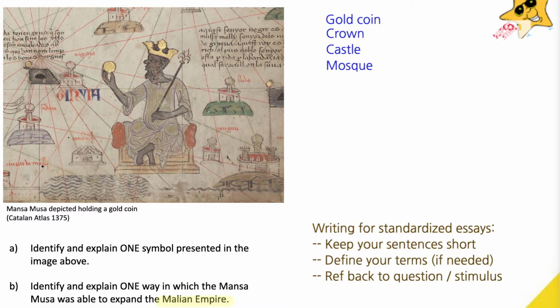Now, what do you know about essentially the symbolism here? Well, the gold coin is actually from gold deposits in Africa.